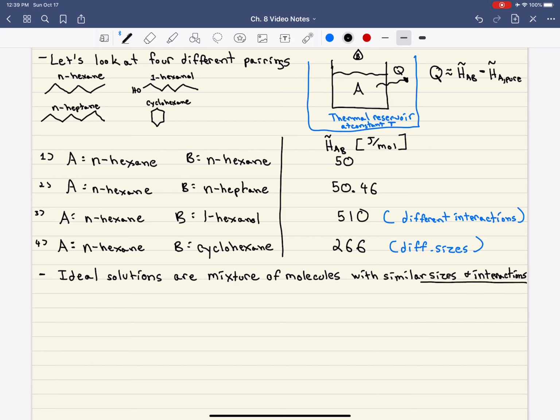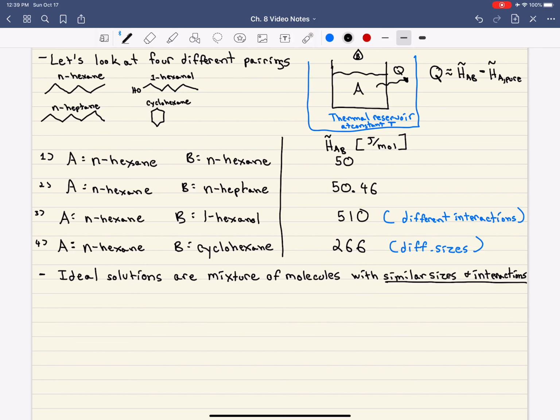Basically, if you put a drop of substance B in substance A, the B molecules in an ideal solution wouldn't be able to tell the difference between themselves and substance A. And so when we talk about an ideal solution, that's what we mean.